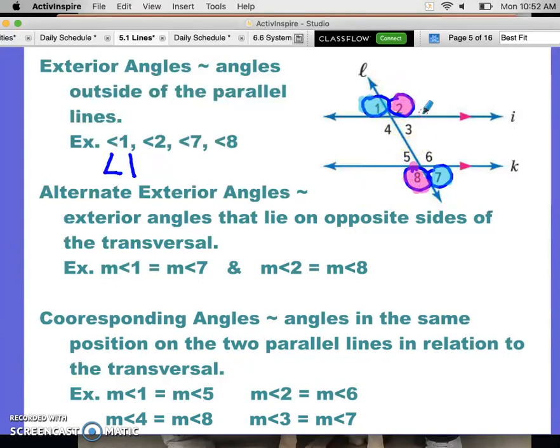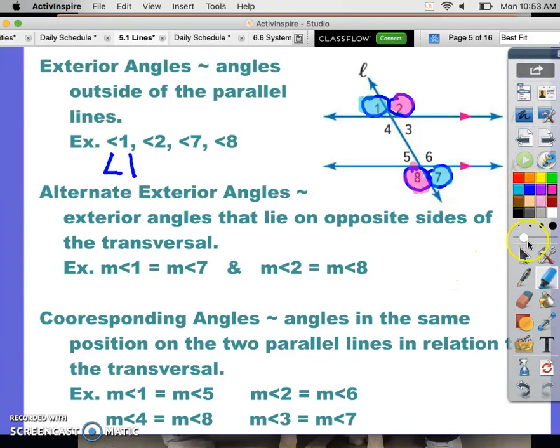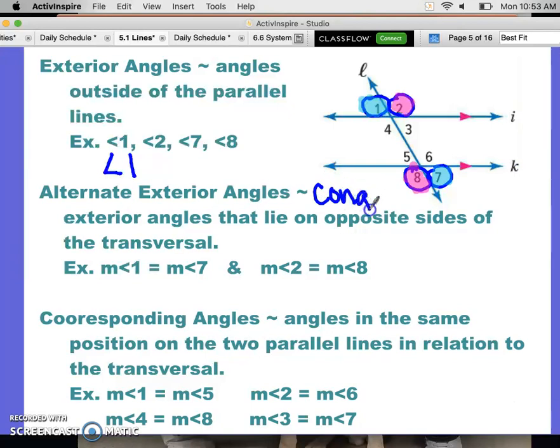Is this in your notes? Or did I skip a page? Okay. 2 and 8 would be another pair of alternate exterior. And the thing about alternate exterior angles is they are, again, congruent. And congruent means equal. So if this is 110, this one is 110.